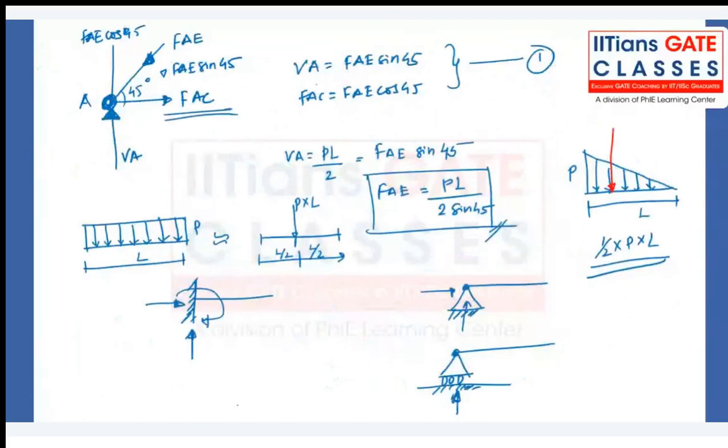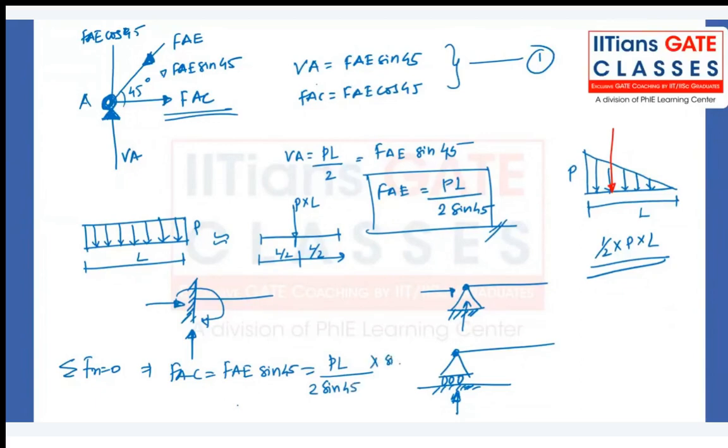Again, if you apply the summation of all horizontal forces equal to 0, what we can say is FAC is equal to FAE sine of 45. So FAC will be equal to FAE, we already calculated, PL by 2 sine of 45 into sine of 45. Sorry, FAE cos of 45.